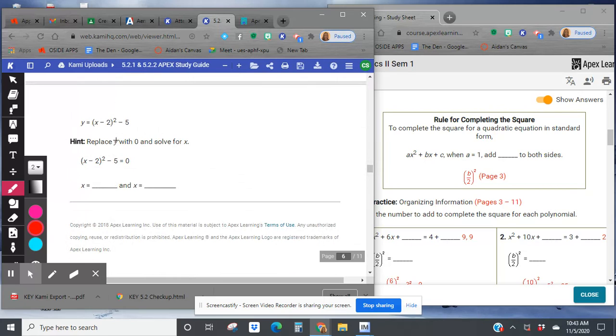Okay, given this vertex form, let's practice finding the zeros. So we're going to start by adding, actually take a step back. To find the zeros, we need to set it equal to 0.